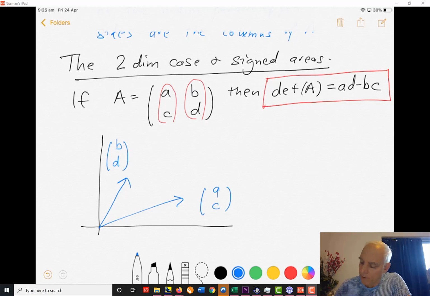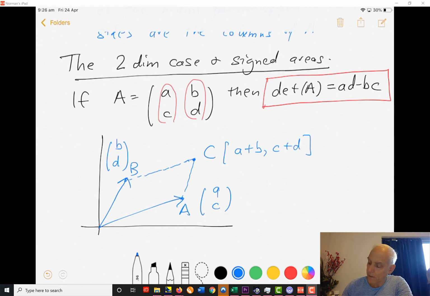And what I'm claiming is that if you look at the parallelogram that's generated by these 2 vectors, so that means that this point up here, let's say this is the point (a, c), and this is the point (b, d), and this point will have coordinates (a plus b, c plus d). Okay. So the claim is that the determinant of A, this ad minus bc, is essentially the signed area of this parallelogram.